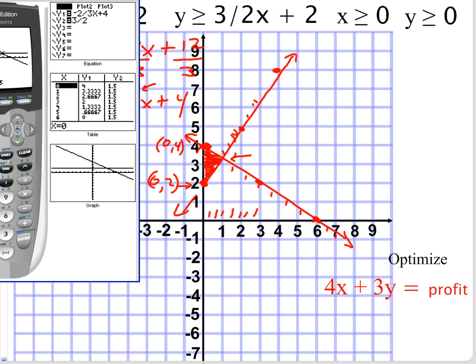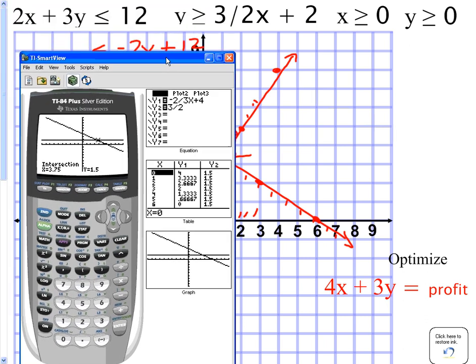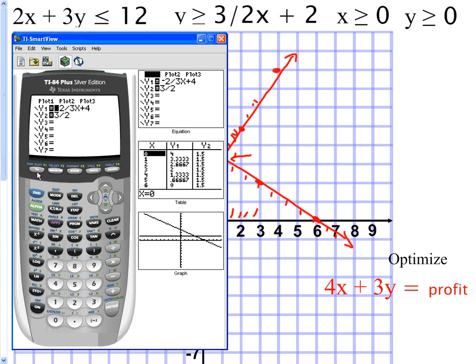Now, if you go into, just a second here, I need to put in my two equations on my graph, and it's 3 over 2x plus 2, and then the other one is at negative, help me remember what that was, negative 2 thirds x plus 4?